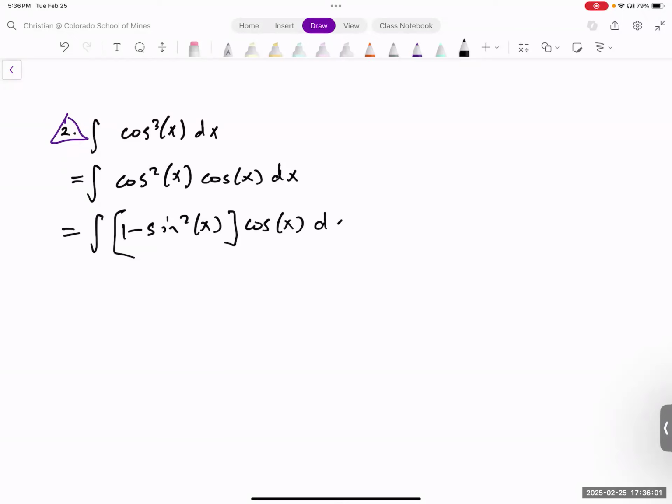There's our single cosine of x. If we do a u sub, this is 1 minus u squared, cosine of x dx. All of that becomes du. And then we can integrate like normal. We get u minus u cubed over 3 plus c, put the u back in, and u was sine.